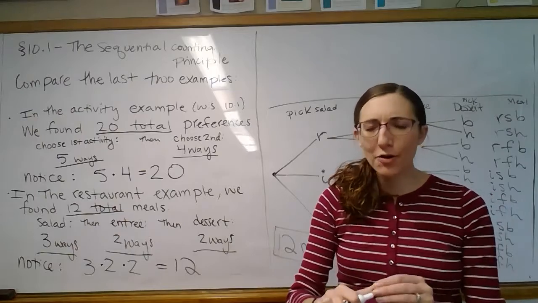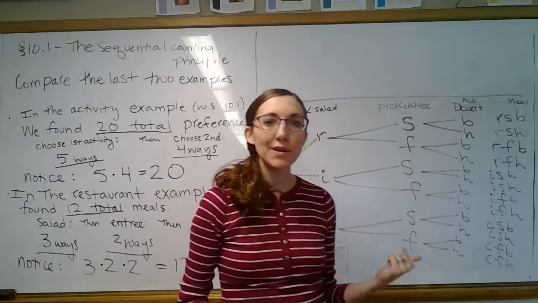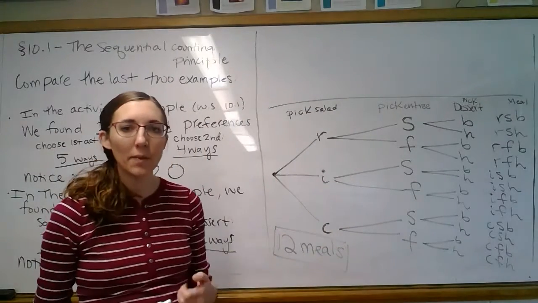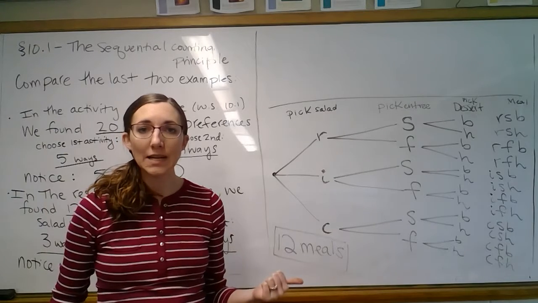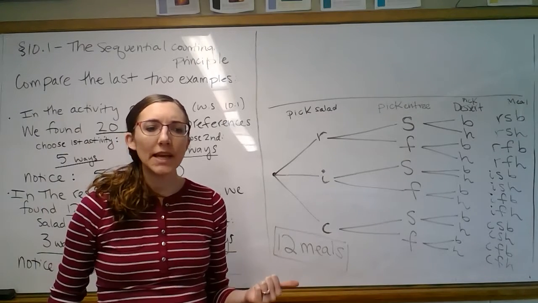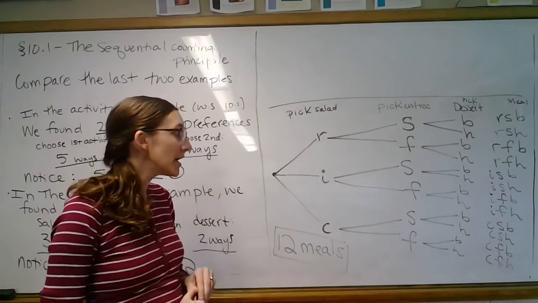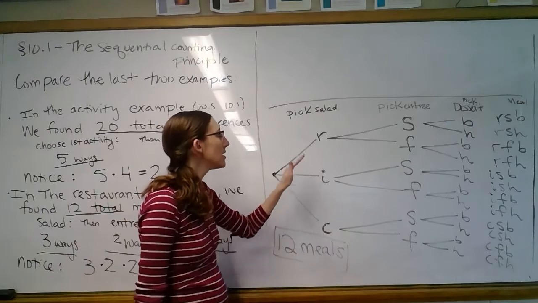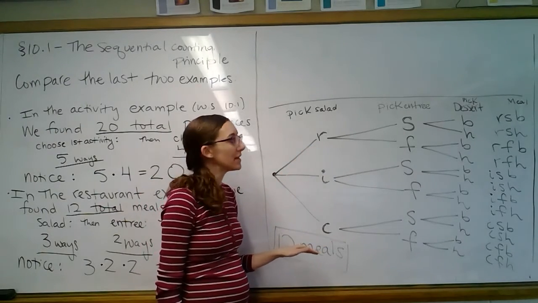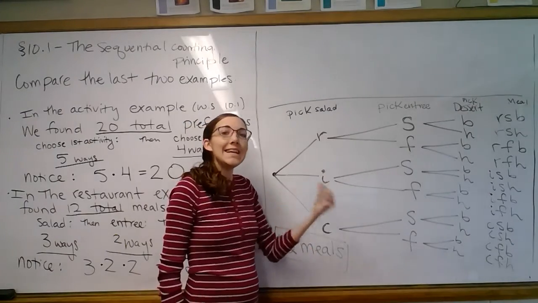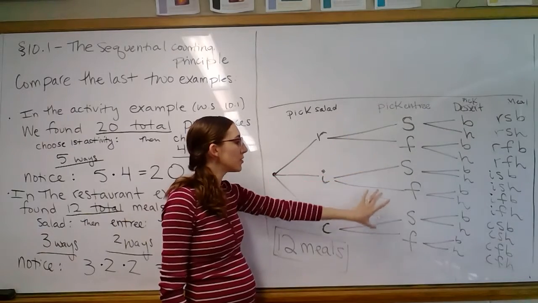And now we might be wondering, okay, is that really a rule or is that just a coincidence? And I want us to, again, look back at the tree and think about, well, can we be convinced that it's true based on the tree? So really, can I just break it down into these chunks and then multiply those numbers together? Well, it kind of makes sense because think about it. We started with 3 branches, right? We had 3 different choices for salad. Then for each of those 3 choices, there were another 2 choices.